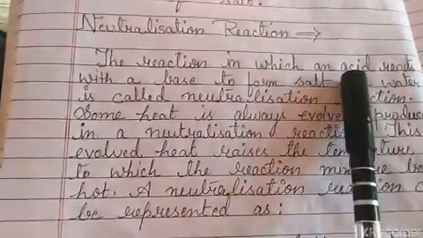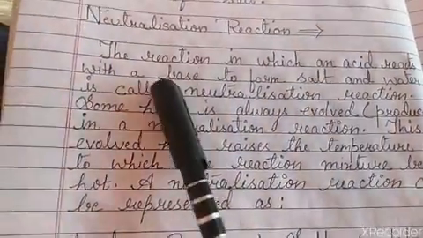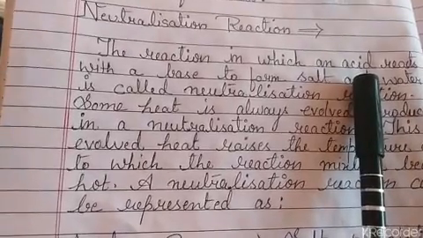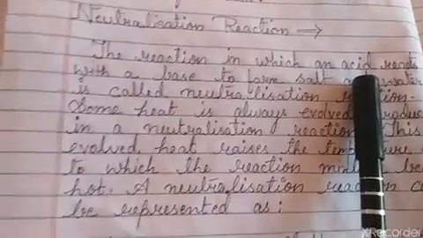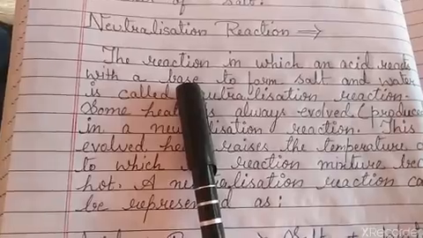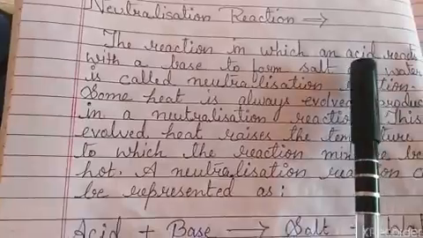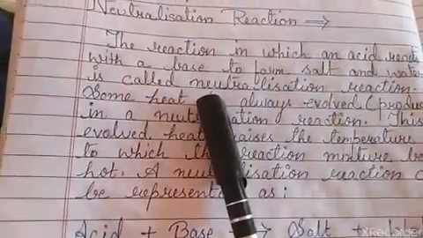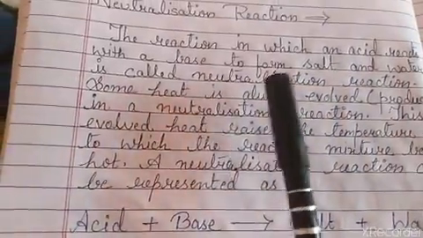So what happens? Just an acid and a base, as we have read about acids and bases. An acid is an element or compound which starts with H, that is, HCl is an acid, and a base ends with OH ions, that is, NaOH, KOH. These are the compounds; when acid and base react and they both form a salt and water, we call it neutralization.